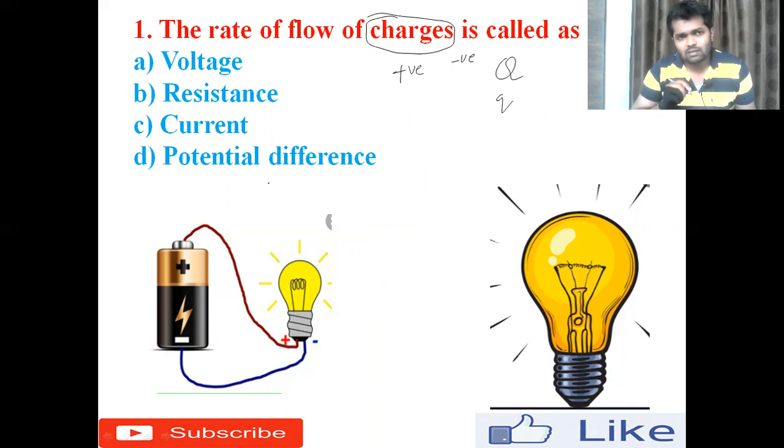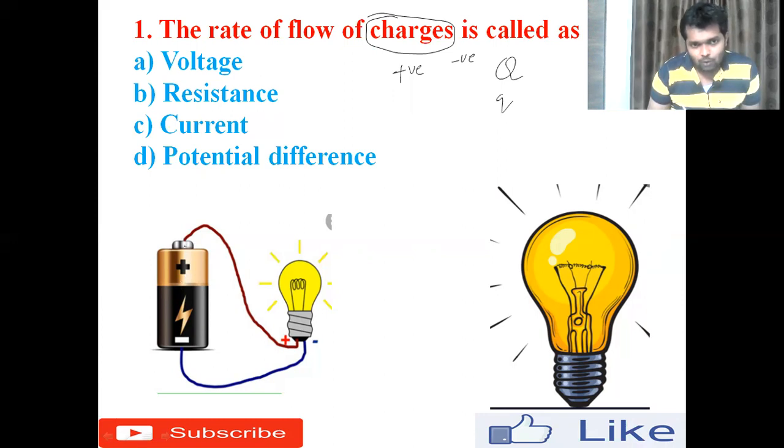But here are some options given. First one is voltage. What is voltage? Voltage is the pressure created by a source like a cell or battery to push the electrons, which will be helpful in the illumination of the bulb. I have shown here one image where the cell is there.